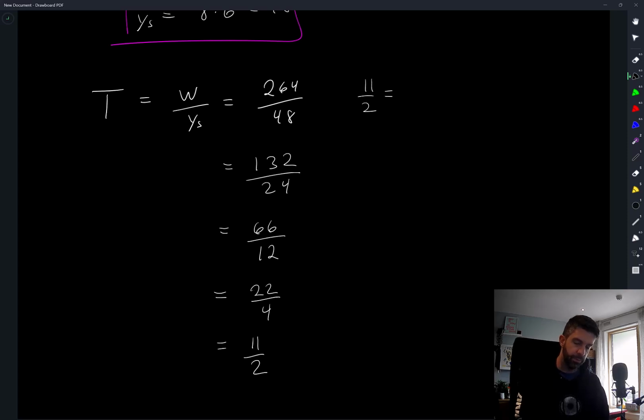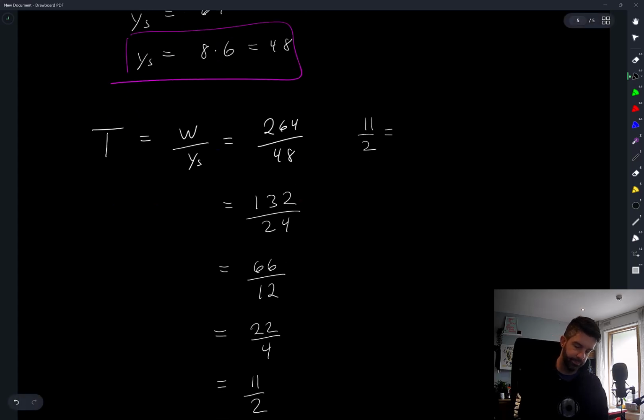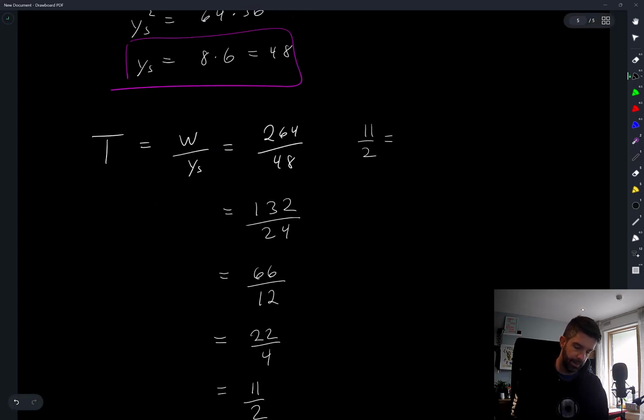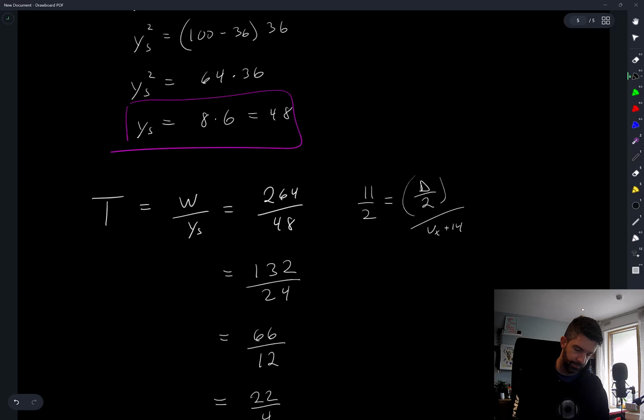And that's also equal to time is equal to the horizontal distance divided by Vx plus 14. Sorry, xs plus 14.